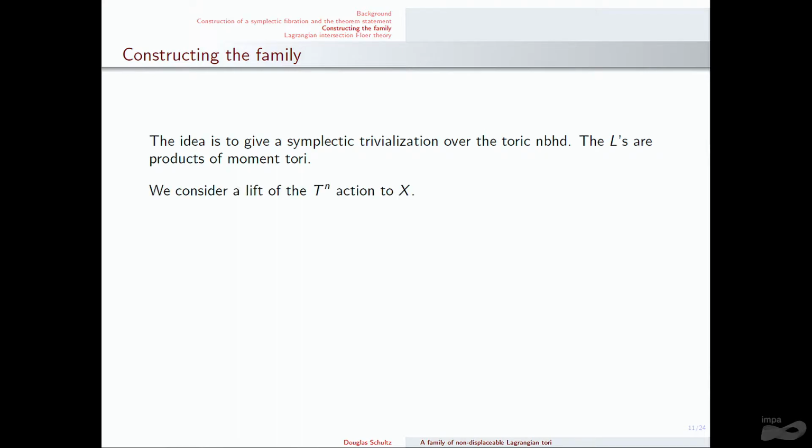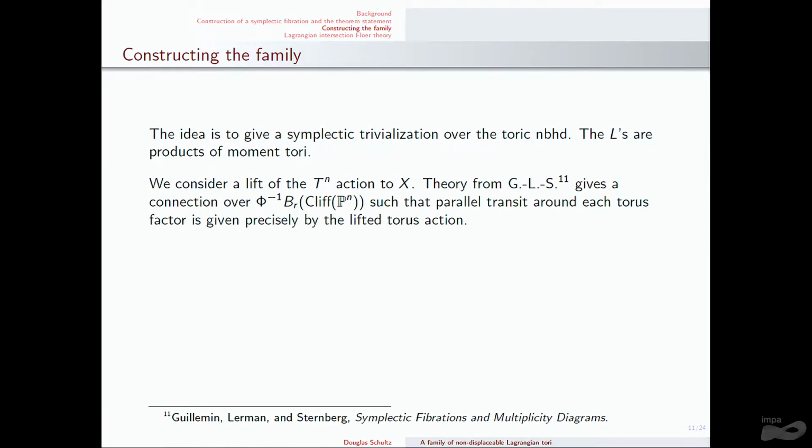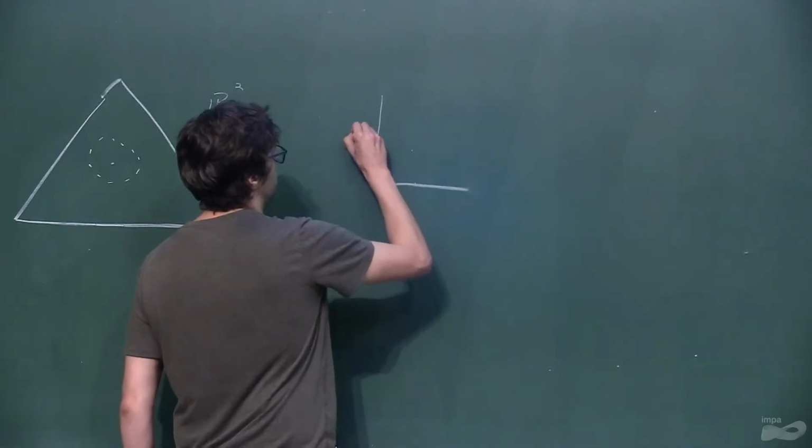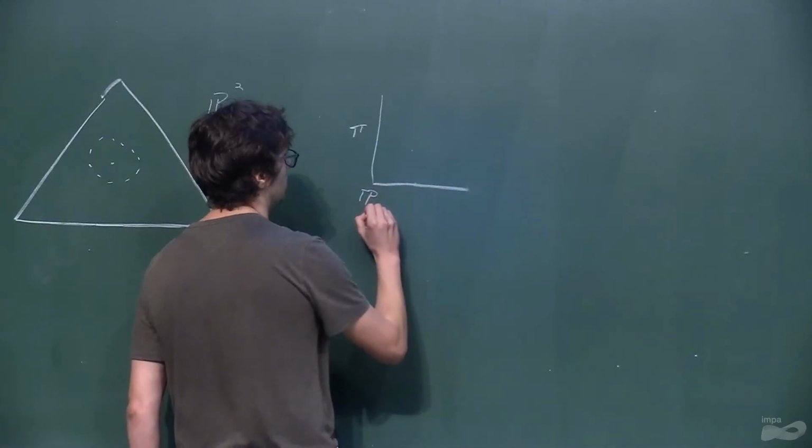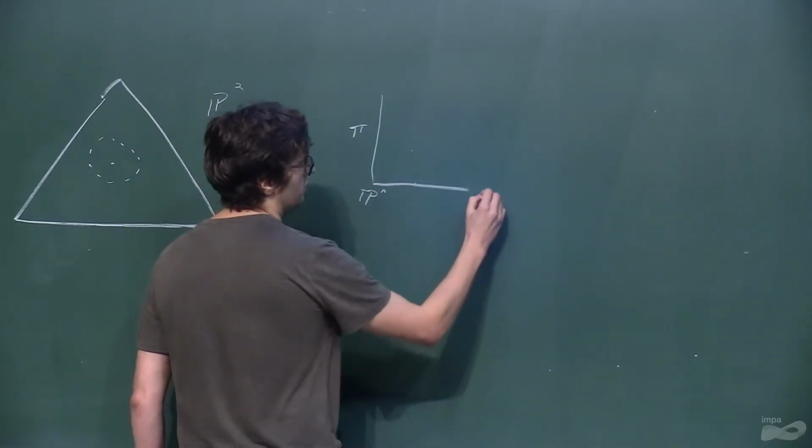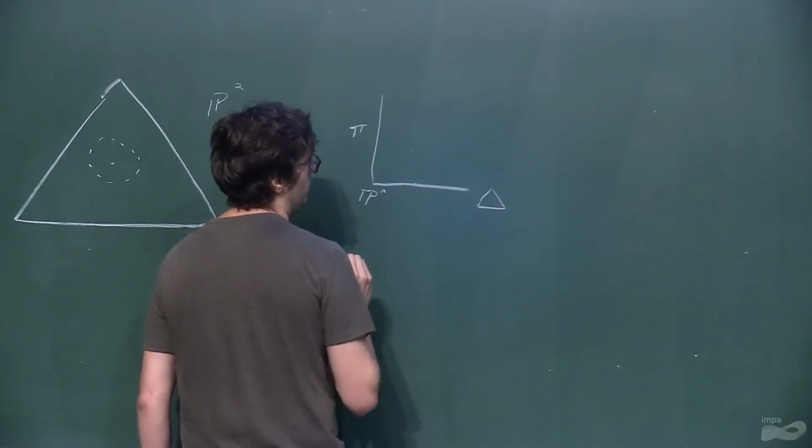Okay, so you can consider a lift of the torus action to X, so the Tn action on the base. And then you have this theorem that says, for the weak coupling form that you might have picked, you have the projection, and here's Pn, and here's the image of the moment map.